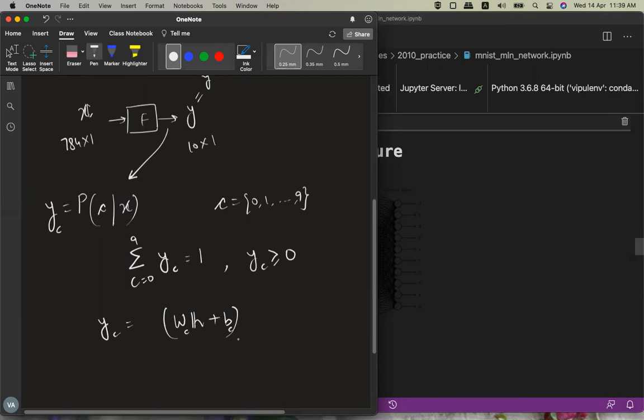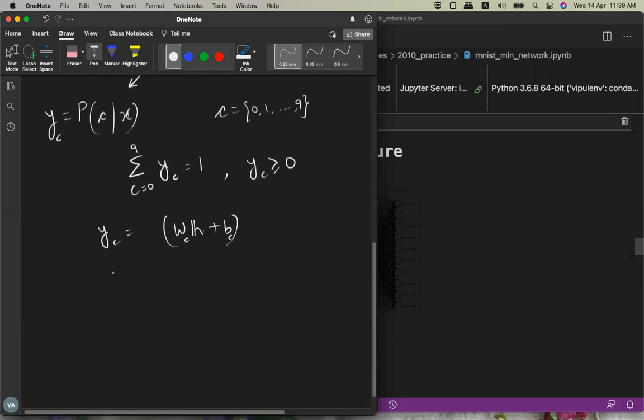We use a nonlinearity called the softmax nonlinearity. So what is softmax? As you have seen, yc is the exponential of, let us call this term hc, upon the summation over exponential of h c dash, where c dash is 0 to 9.